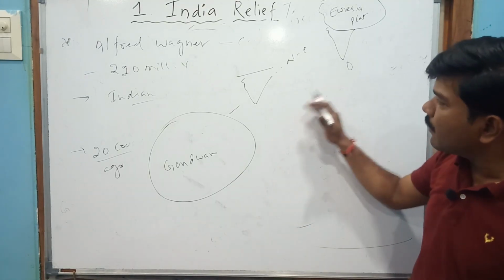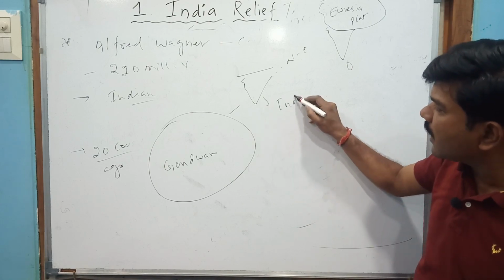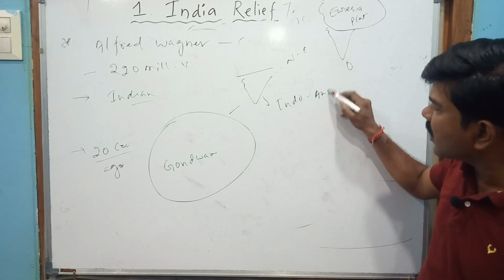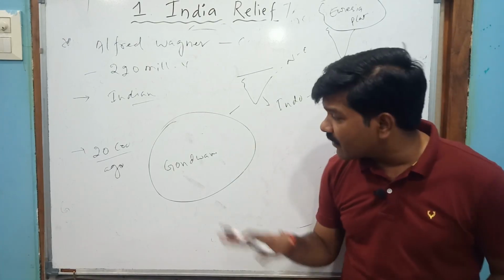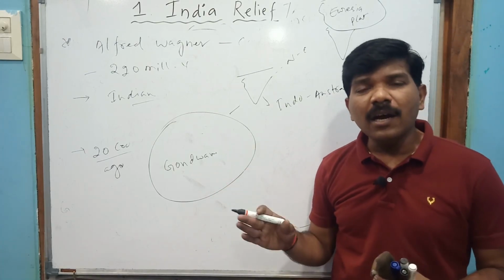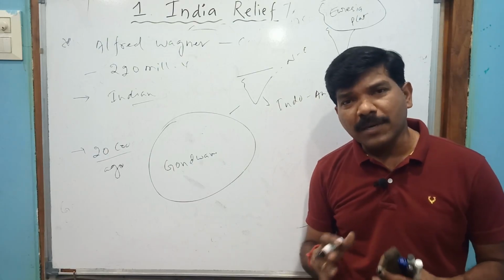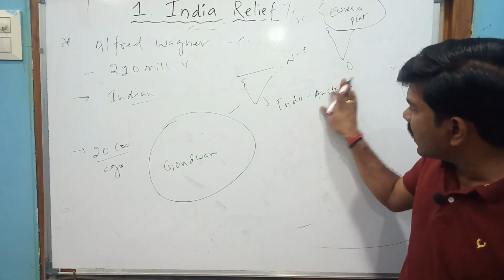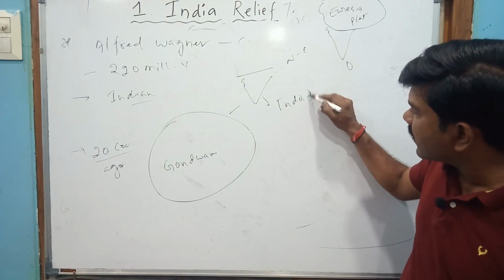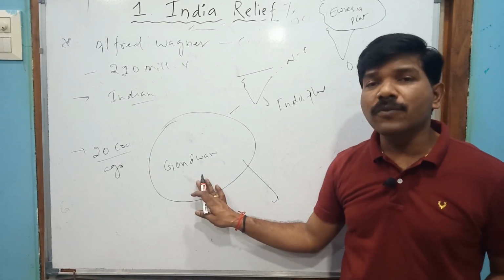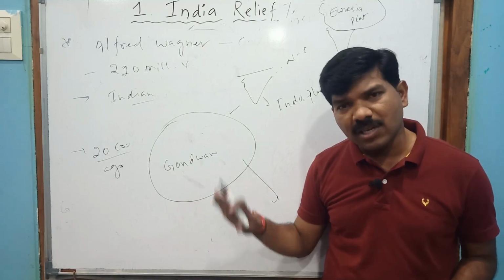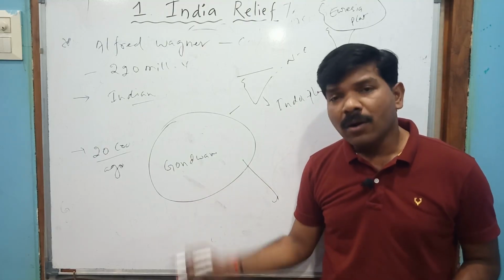This is called the Indo-Australia plate. That means India and Australia were both separated from Gondwana land. The Australia plate went to a different area, but both were formed from Gondwana land.